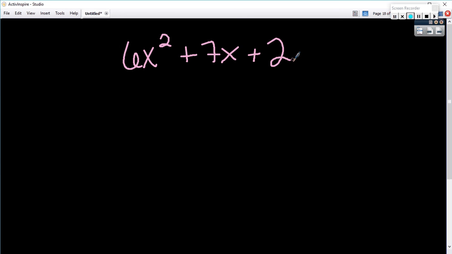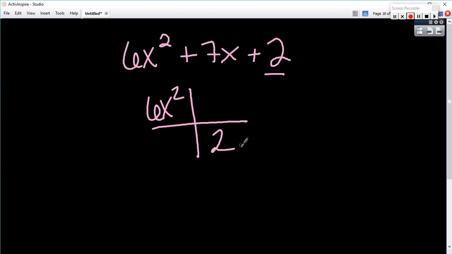All right, so we set up our box. The first term goes in the first box. The last term goes in the last box. Now here's the part that no matter what method you use, you're going to have to do this.